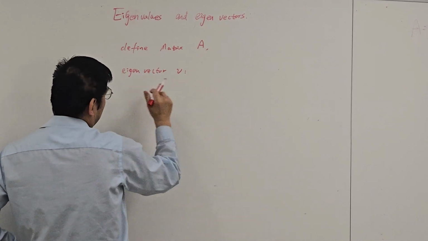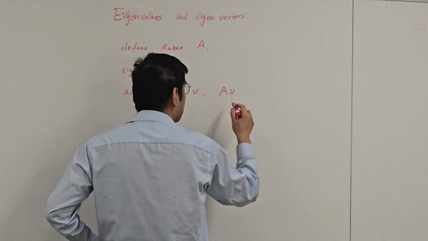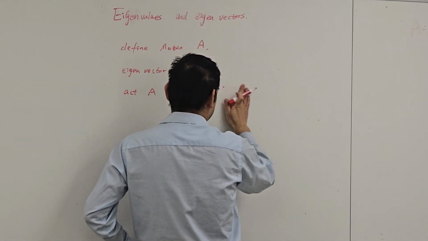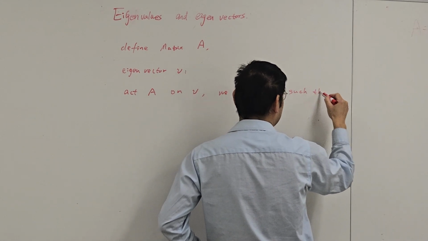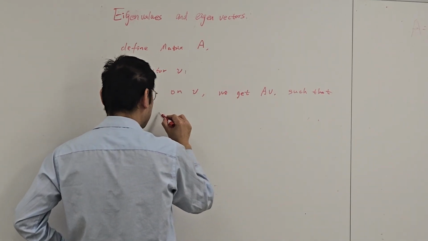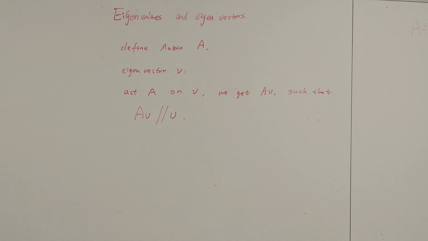So I'm going to add vector V. What does it mean? Act A on V, we get A times V parallel to V. So it doesn't change the direction of V if you're acting A. So if I give you a random matrix, and if I give you a random vector, do you think if I do this, the direction of the vector is going to change?